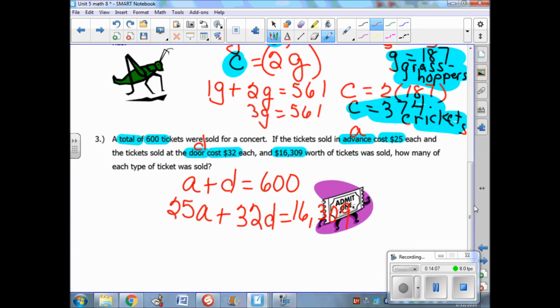Looking at this one, the A's line up, the D's line up, and the constants line up. But in this one, I think I might go substitution because I've got some big numbers there.